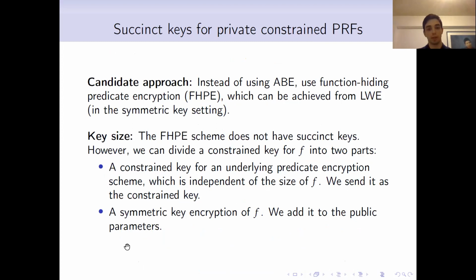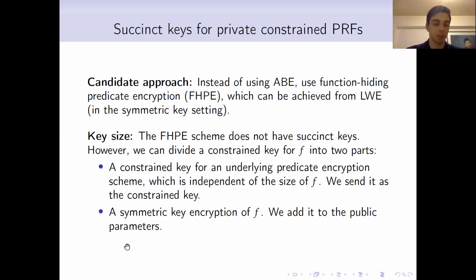So our approach was, instead of using this attribute-based encryption, we apply the exact same technique, but with something stronger, which is function hiding predicate encryption. Predicate encryption is itself a stronger, more secure form of attribute-based encryption, where the ciphertexts hide not only the message, but also the attribute.